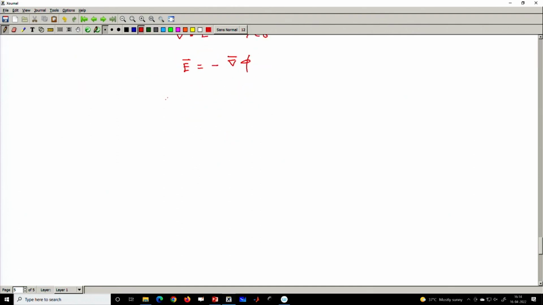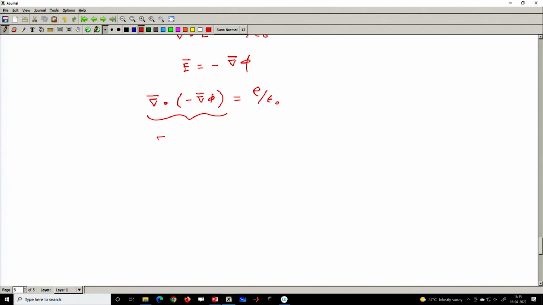So, if I replace this in the first equation, then I simply have divergence of minus of gradient of the scalar field phi is rho by epsilon 0. This is not new, we have already discussed this quantity earlier.